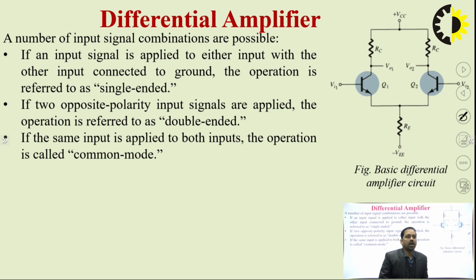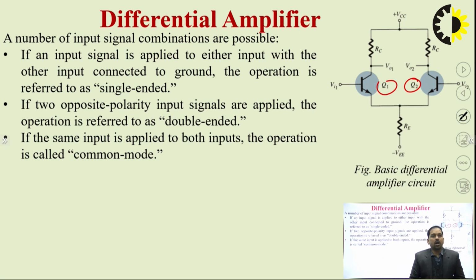Now we have the differential amplifier. The differential amplifier is a common emitter configuration, meaning we have two transistors Q1 and Q2 with identical properties. Identical properties means the voltage gain of both transistors is approximately the same.